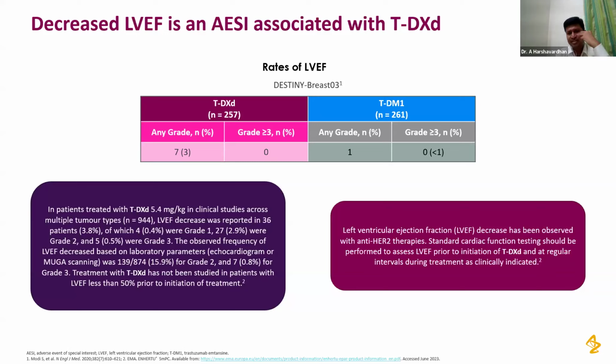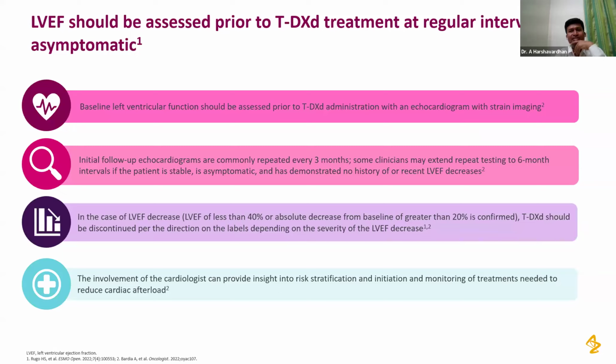Among the observed LVEF dysfunction, most of the patients were asymptomatic, and there was no discontinuation of the drug due to the LVEF. So we should do a baseline echo along with strain imaging to rule out any LVEF dysfunction. Then follow-up echocardiograms are commonly repeated every 3 months like other HER2 targeted therapies.